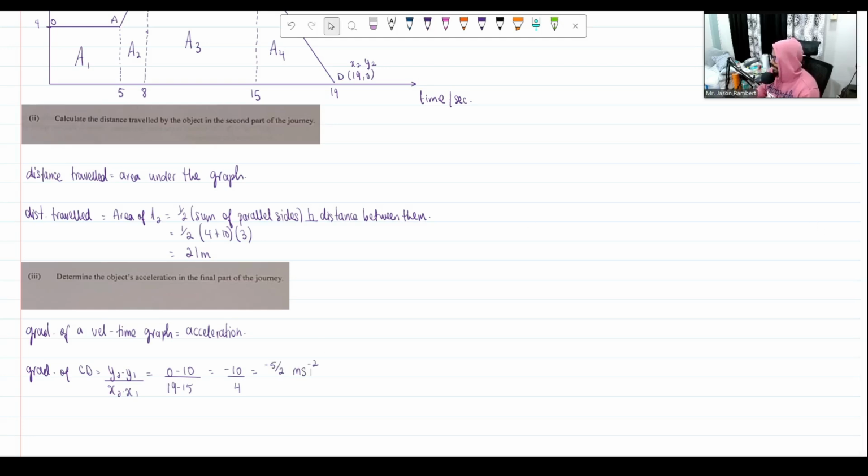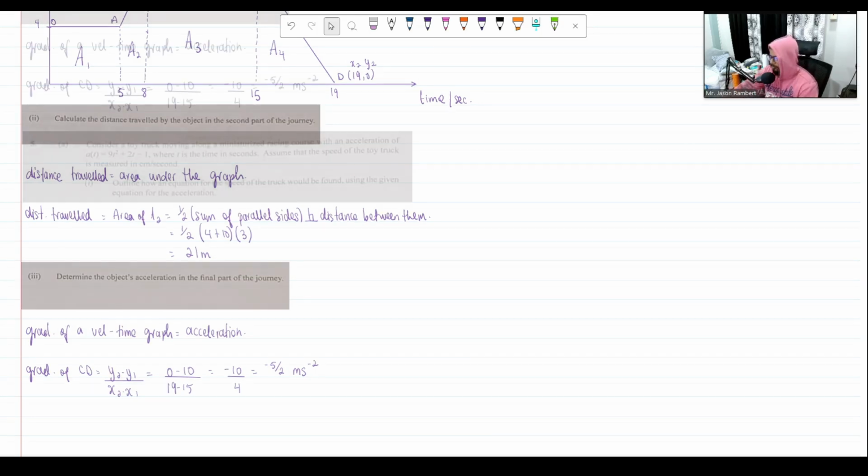They never ask me about calculating deceleration. The deceleration is 5 over 2, but the acceleration is negative 5 over 2. And that's it for number 4.